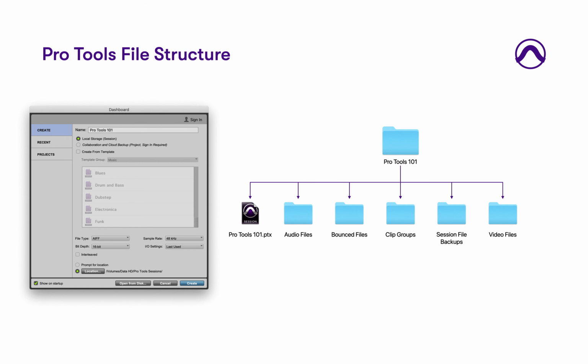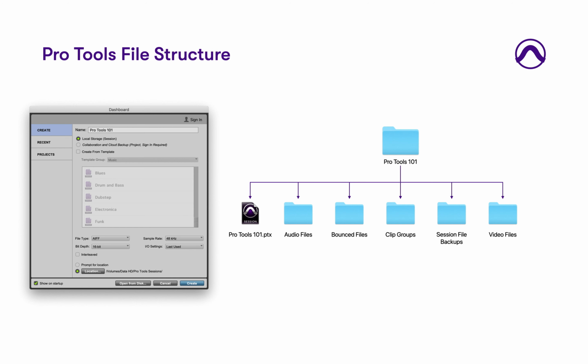Pro Tools also has an auto backup feature whereby it backs up the session file at regular intervals and stores this backup in the Session File Backups folder. We can turn this feature off and even change the frequency at which these auto backups are performed from the application's preferences window.